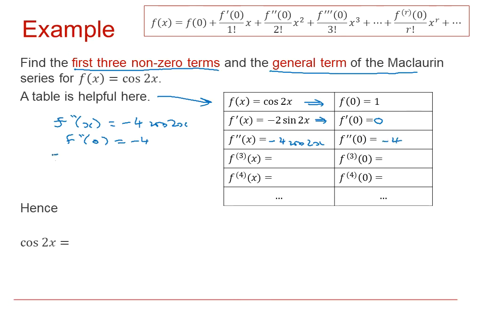If we differentiate again we can use this nice neat little notation for the third derivative. So we get the third derivative of x is 8 sine 2x, and if we find the third derivative when x is 0 we get 0.